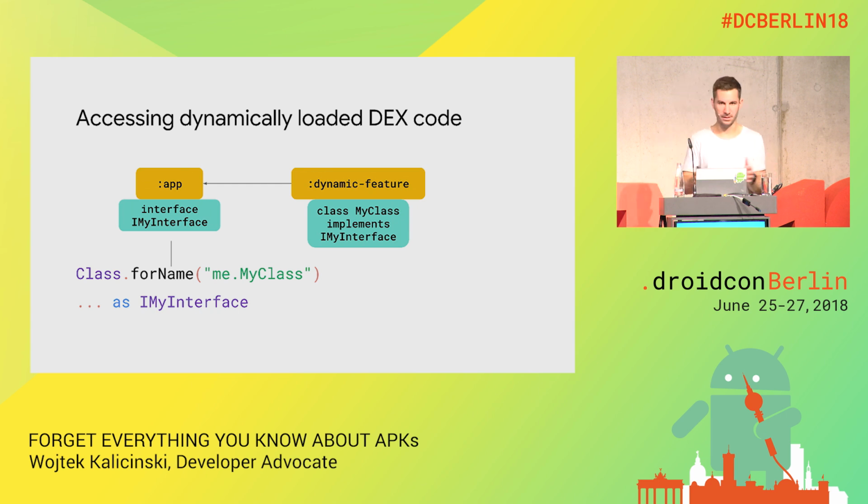It'll literally be an interface, so no method bodies, no code, nothing. It doesn't weigh much. And then have a class in the dynamic feature implement that interface. So yes, you do have to do reflection. You will have to create an instance of that class using reflection, probably. But then at least you can cast it to your interface and use it normally as you would from your code. So that's one solution.